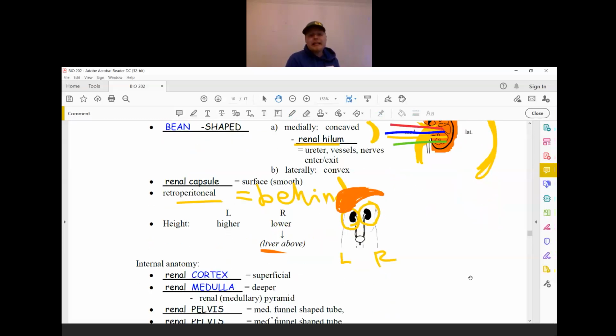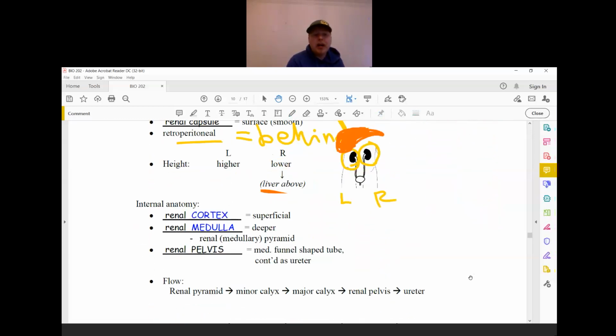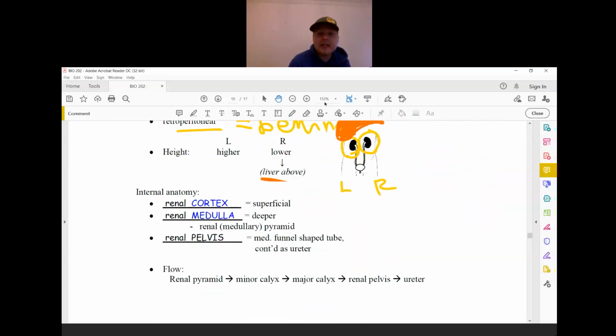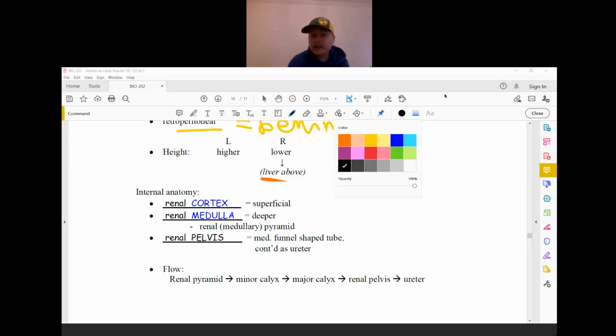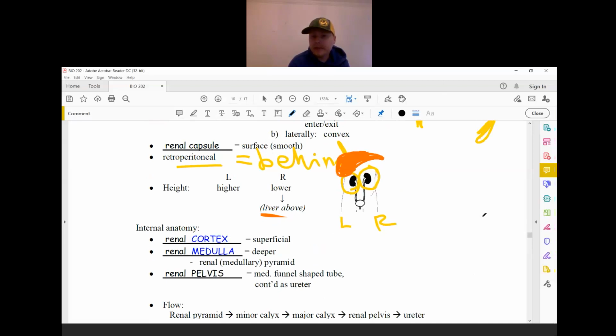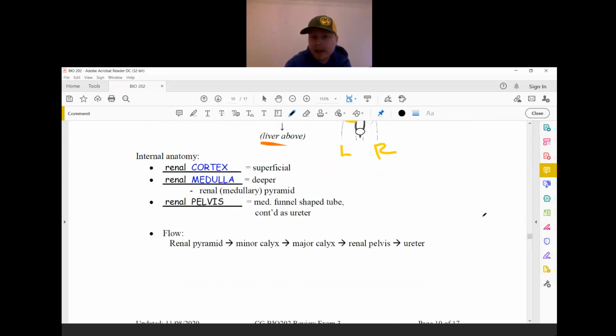If we look inside the anatomy of a kidney, let's do that. I'm going to sketch a quick kidney here for us. So let's do our ureter. Let's do our medial and lateral side.